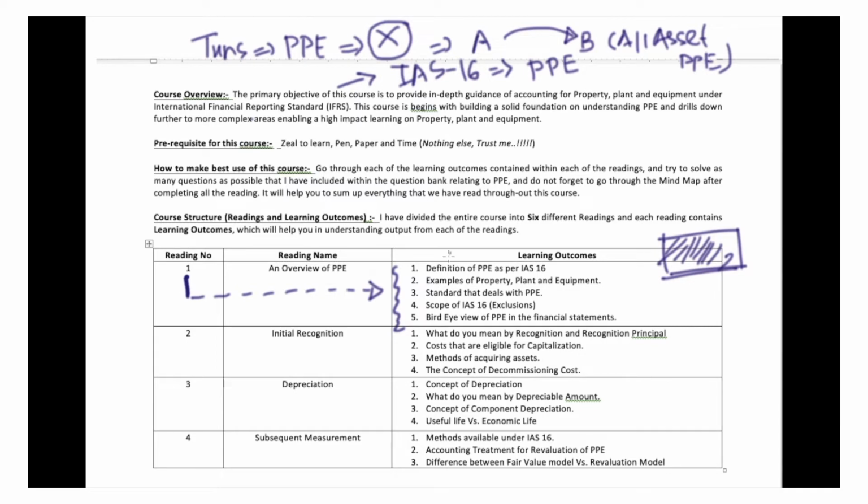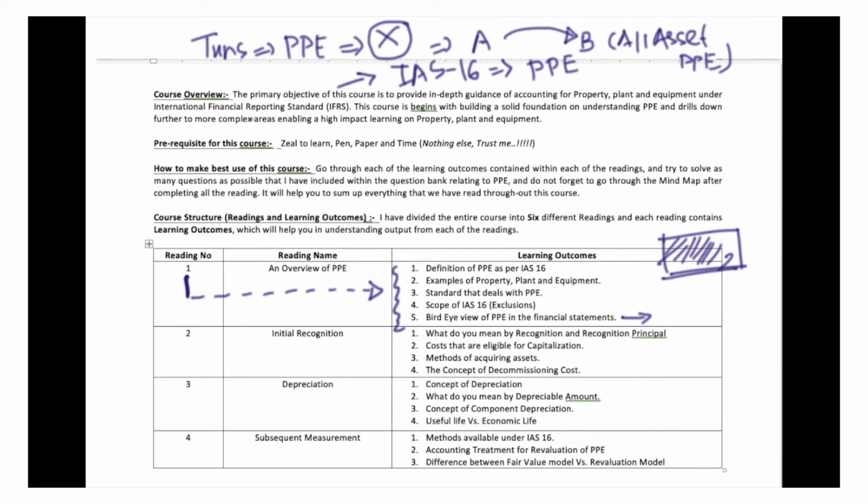Then we will have a bird's eye view of PP&E, how it looks in the financial statements. We understood the theoretical part: this is property, plant, and equipment, this is an example. Then we will discuss how exactly it is reported in the financial statements, and a practical application of IAS 16 in the financial statements.